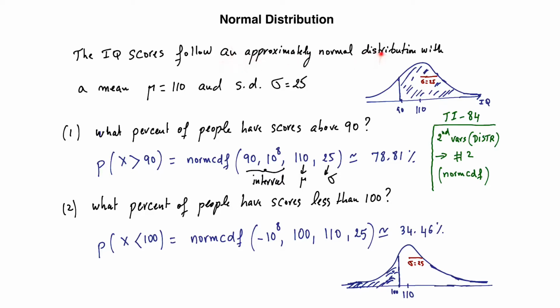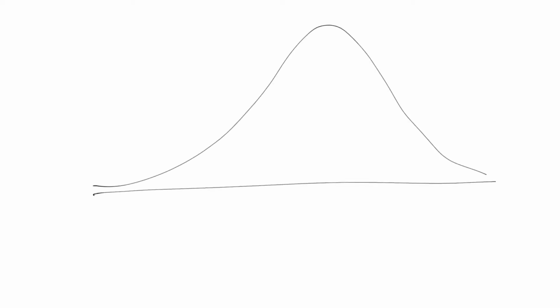For now, I'm literally just telling you, assume it is normal, okay? Now, with the normal distribution, the only two things you need to know, assuming the distribution is normal, is the mean, which is the center of the distribution, right?